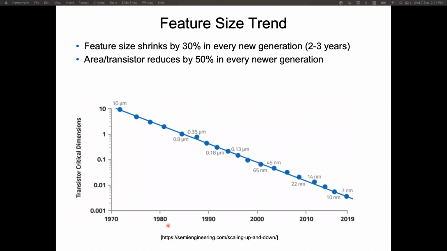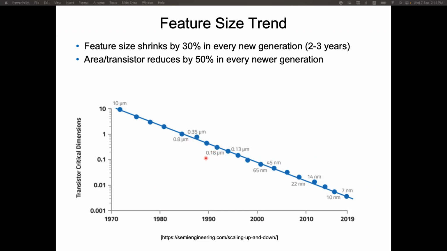So here is the time scale, the year. This is a transistor critical dimension. First one is 10 micrometer technology. It shrinks down. The y-axis is the log scale. Say this is 0.8 micrometer. Or let's look at this one, 0.18 micrometer.